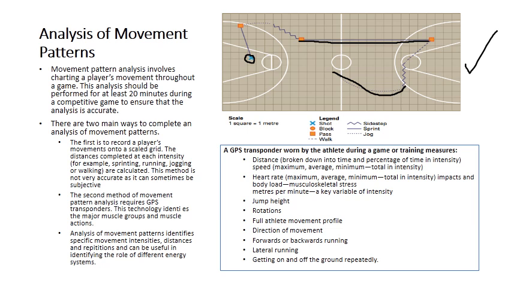And then after you've recorded all those movements on your graph, you can work backwards and calculate how far each of those distances are, and get some data on how often they spend walking, running, jogging, sprinting, jumping, blocking, etc. I suppose you could also do that watching a recording back as well.